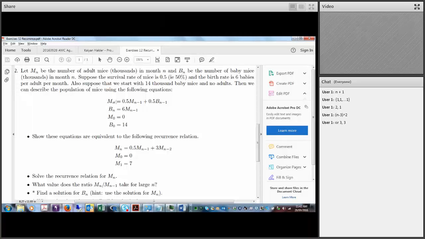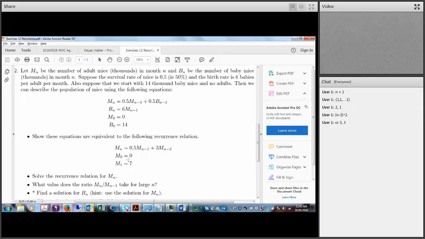I'll explain how to do it. The thing I want to focus on more is solving this recurrence relation. But essentially, broadly speaking, we can just substitute some things in. So we want to know some initial conditions. When we've got two variables, we need to know what M_0 is, which is fine. We also need M_1, and to work that out, you just plug into an equation.